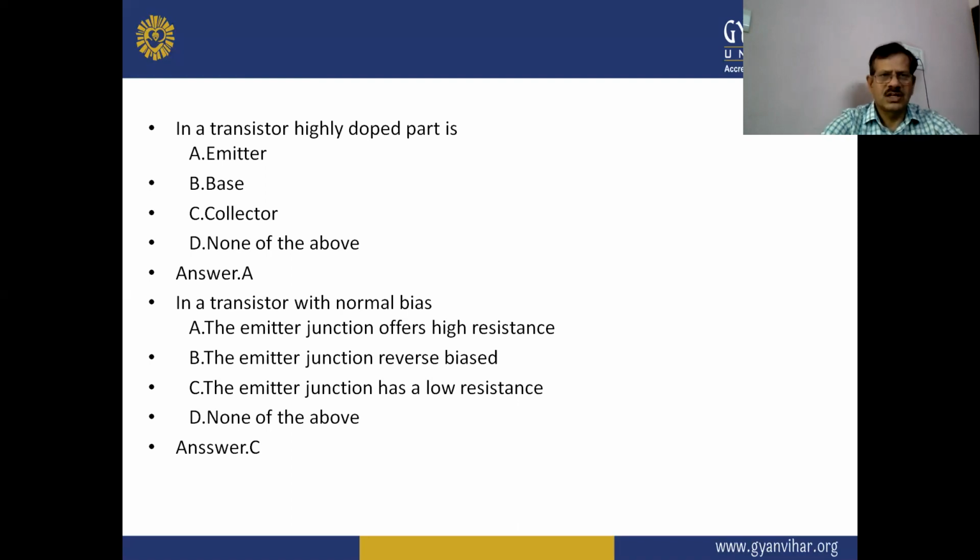So in this question, a transistor with normal bias, the correct answer is the emitter junction has a low resistance. So in a transistor, in the normal biasing condition, the emitter junction has a low resistance. So the correct answer is option C here.